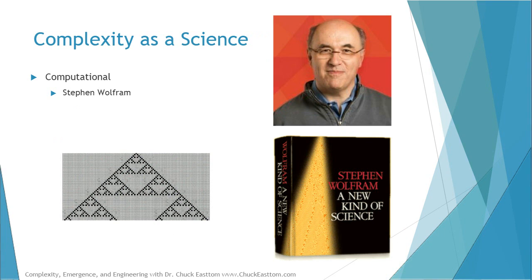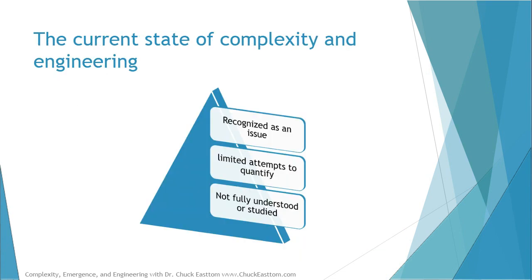Now, if you have any interest in complexity at all, you've already heard of Steve Wolfram's work. He began what he called a new kind of science, and his book is here. Now, what are we looking at with complexity in engineering related to our actual application? Well, first of all, it's being recognized as a problem.